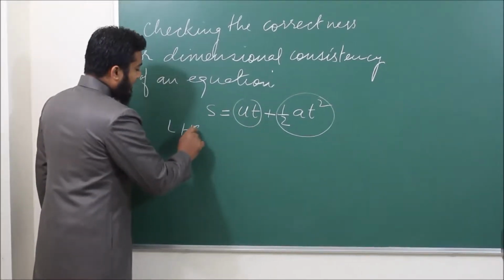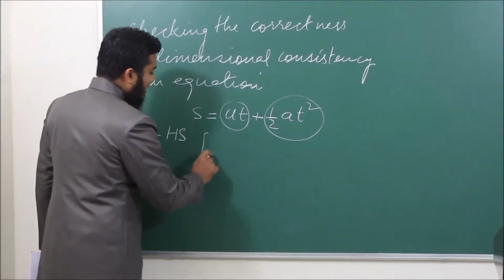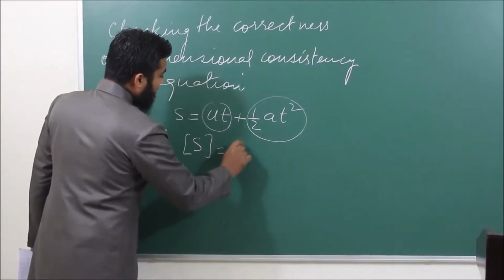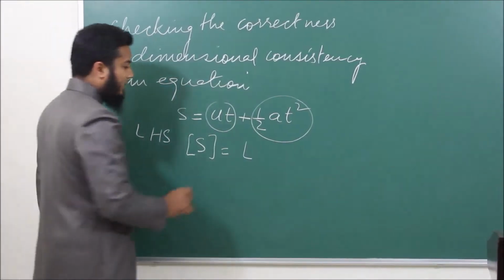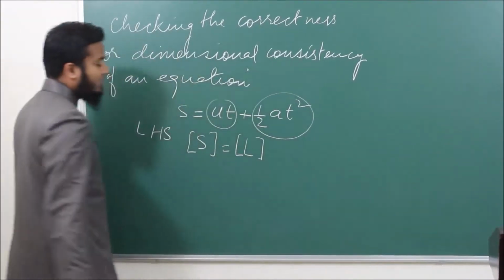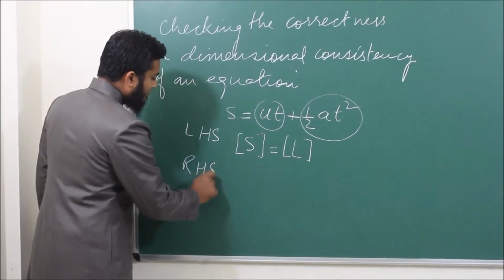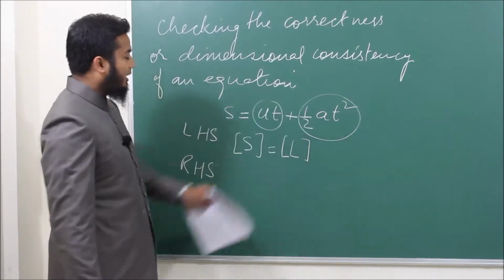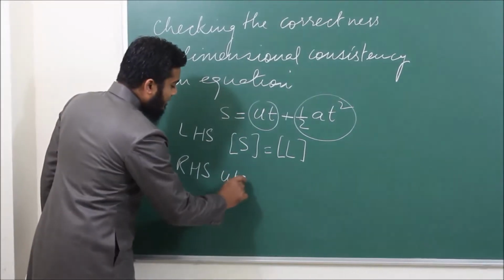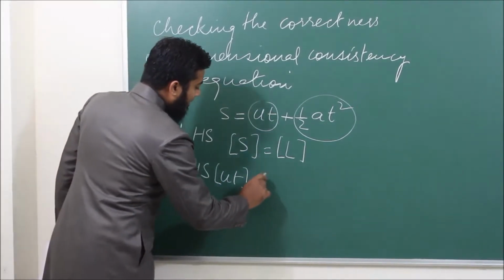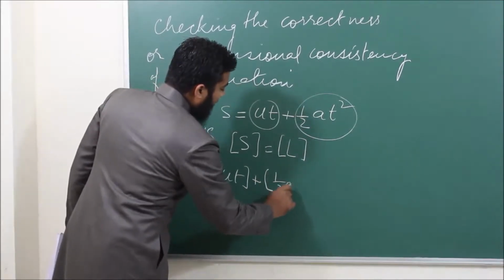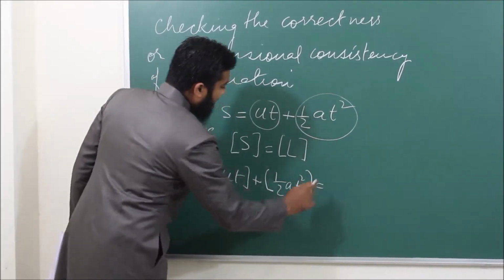So let us check whether it is dimensionally consistent or not. On the left hand side we have S, and the dimensional formula for distance is length, so L. On the right hand side we have ut and half at square, so the dimensional formula for ut plus the dimensional formula for half at square.